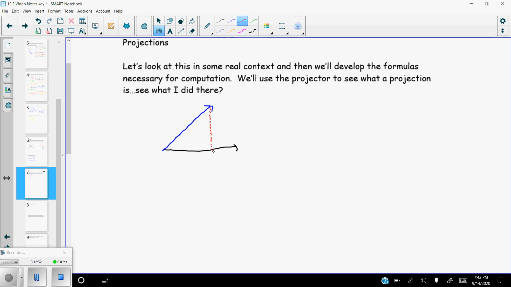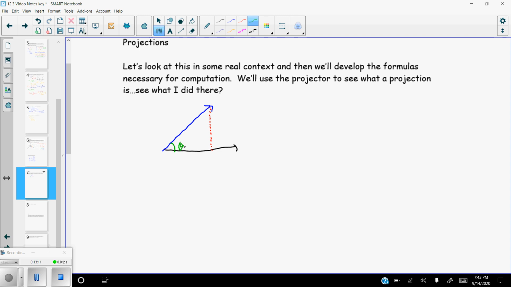So if I shine a light down from the top, it'll project the shadow of that blue vector, and it would come down and hit the black vector right where you see the red line stop. So there's an angle in between, whatever that angle is.